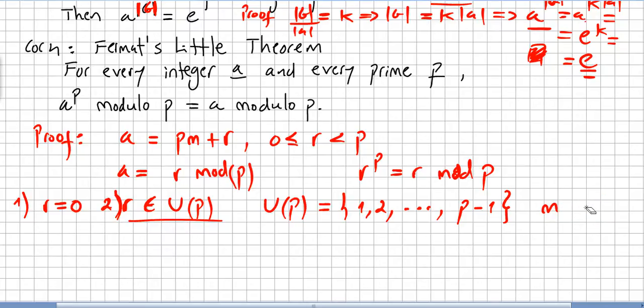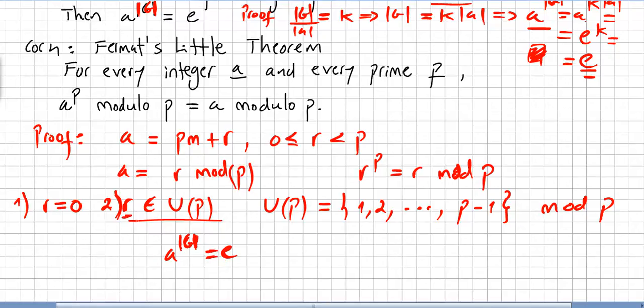I insist on writing modulo p. Okay, that's the units modulo p. But since r is in the units modulo p, we said in the previous corollary that a to the power of the order of G equals the identity, right?